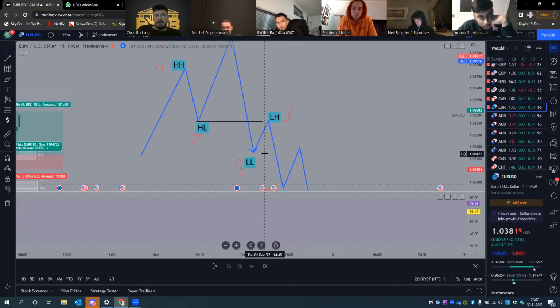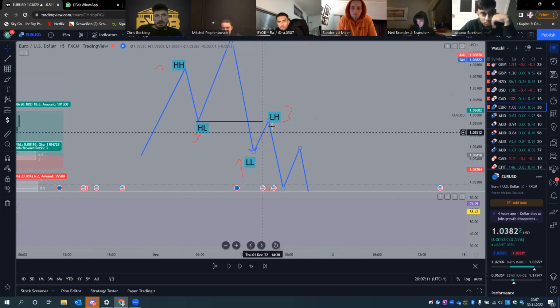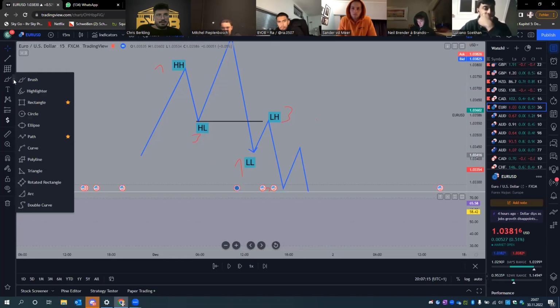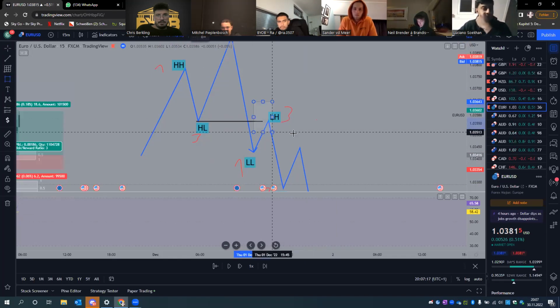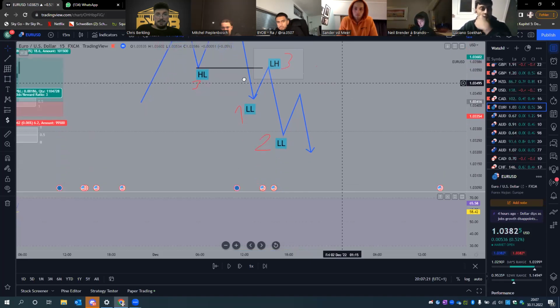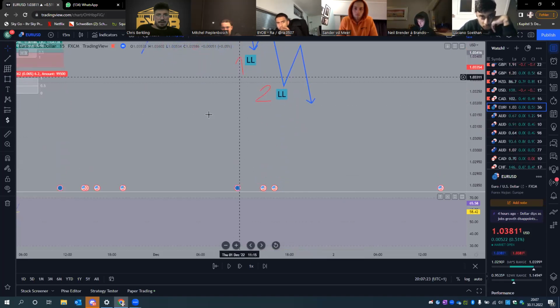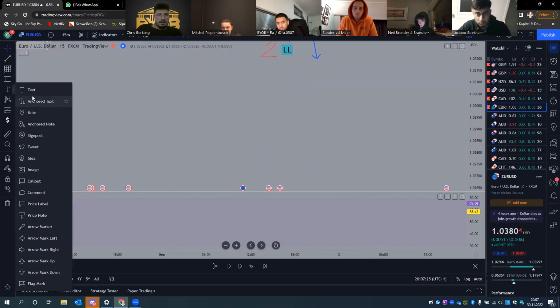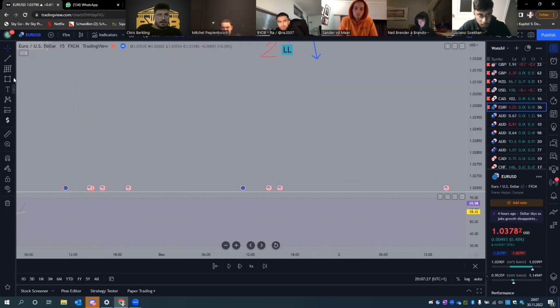So where do you want to get in? Obviously, you want to wait for the break of structure first and then get in in this area right here. Let's zoom in here. In this area, you want to wait for distribution. It looks like the market is creating, I'll do it with the arrow so it looks cleaner, this is coming up, right?